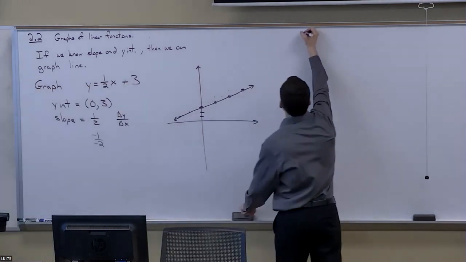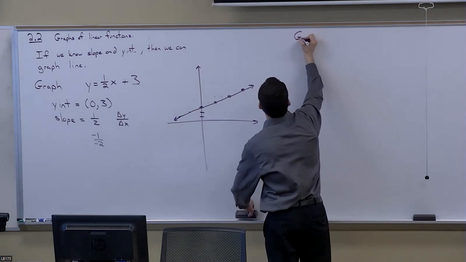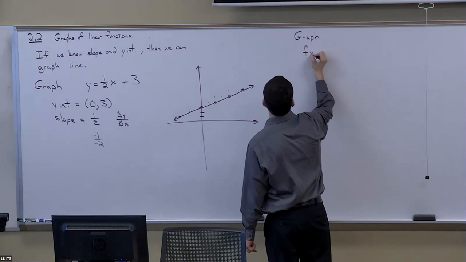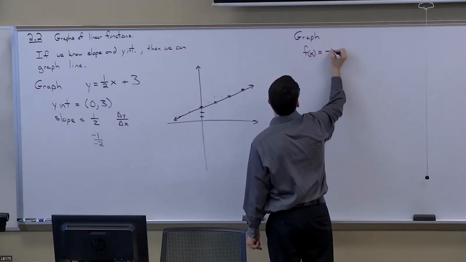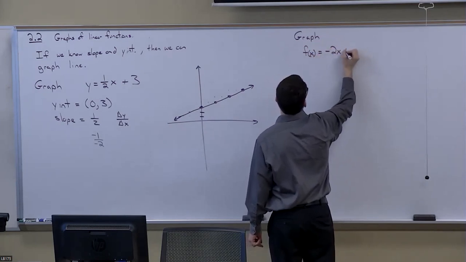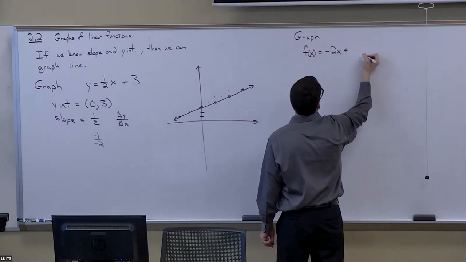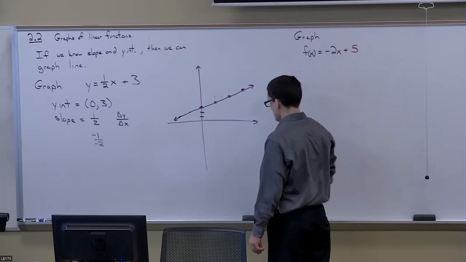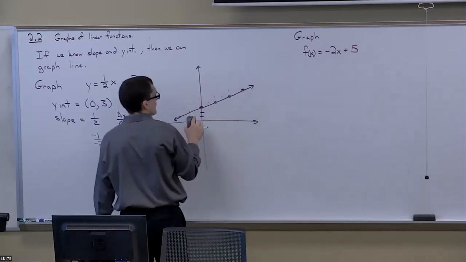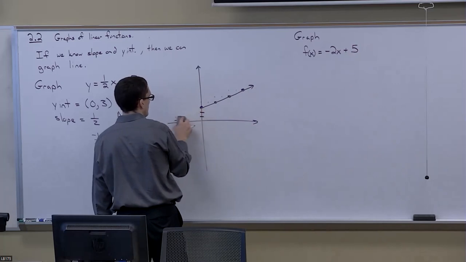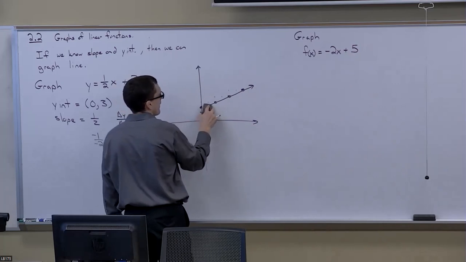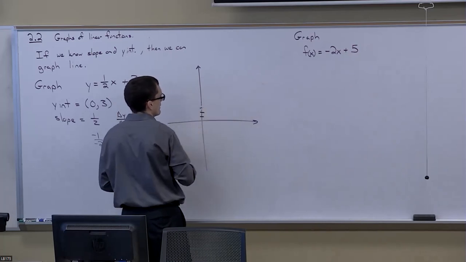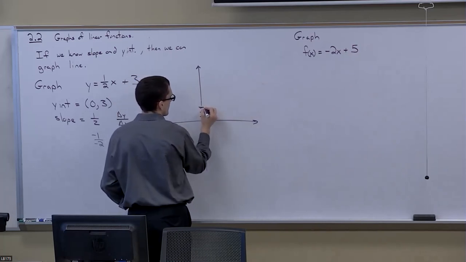Whenever you're asked to graph a function that is a linear function, it's the exact same thing. So let me graph -2x plus 5. y equals, or f of x equals -2x plus 5.